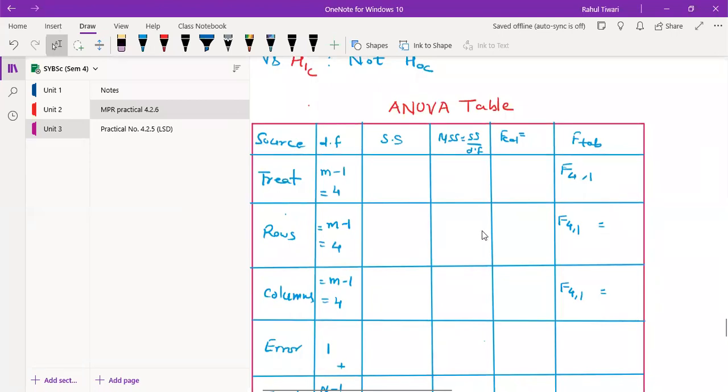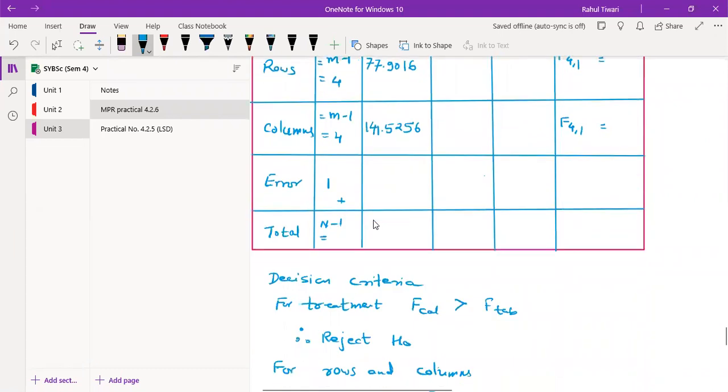So I'm just writing these values. Everyone cross check that. This is 913.2416. This is 77.9016. This is 141.5256.